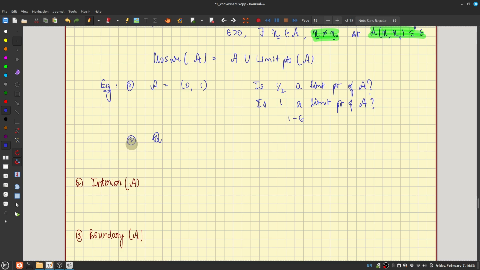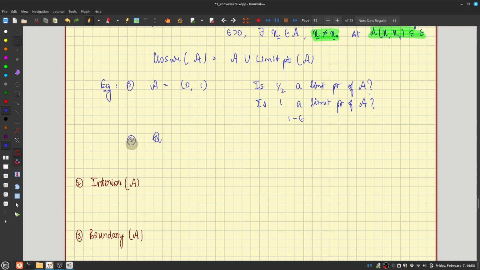Is every rational number a limit point of Q? Why? Again, let's use the definition.